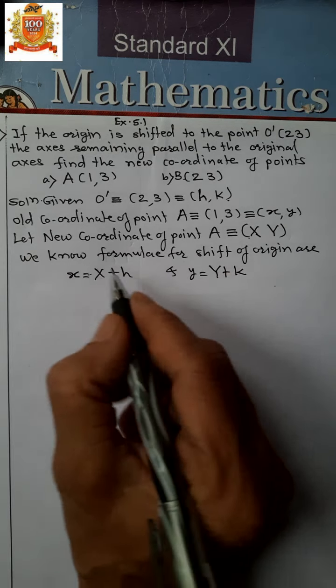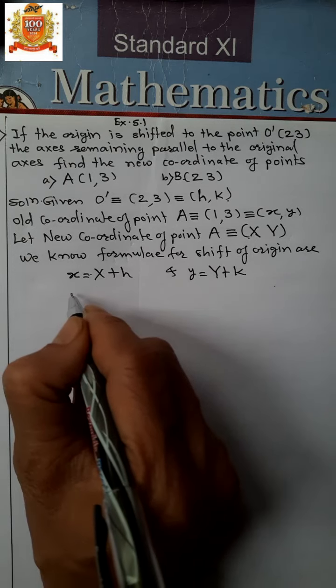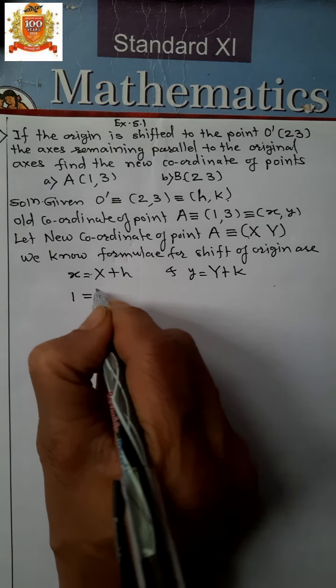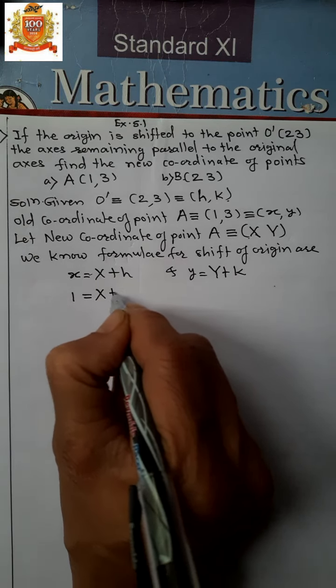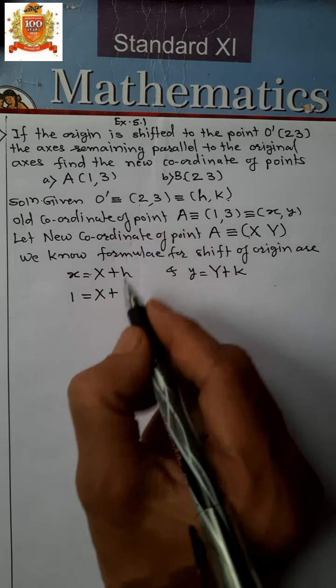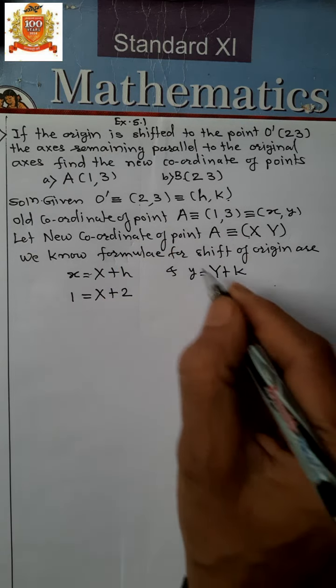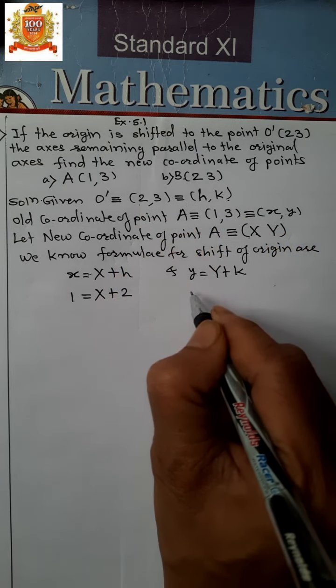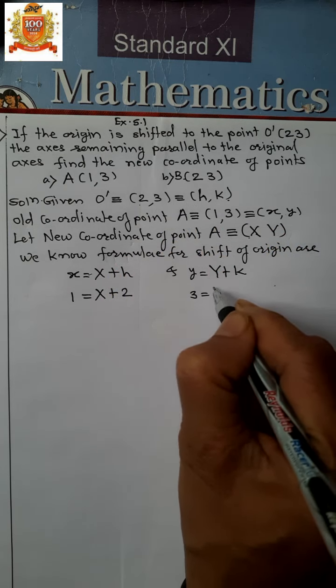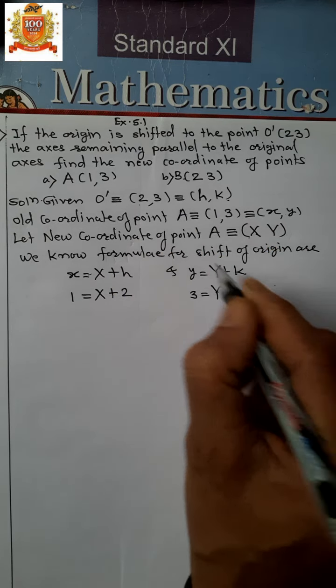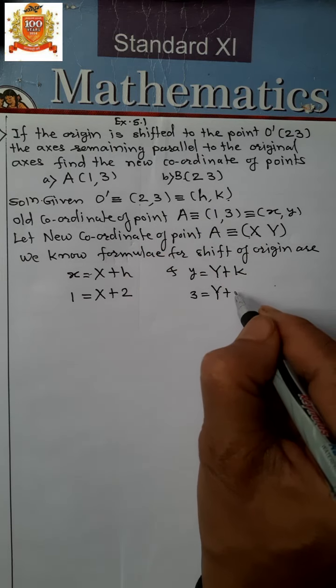Put the values. Small x is equal to 1 is equal to capital X, which we want to find, plus the value of h, which is 2. Here small y is equal to 3, capital Y, which we want to find, plus small k is equal to 3.